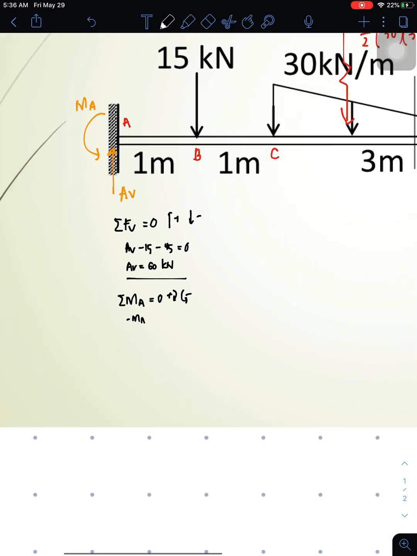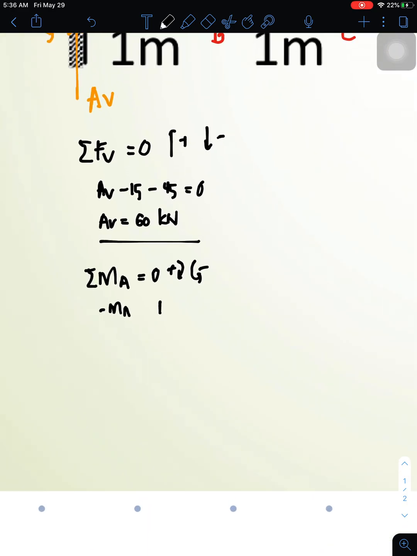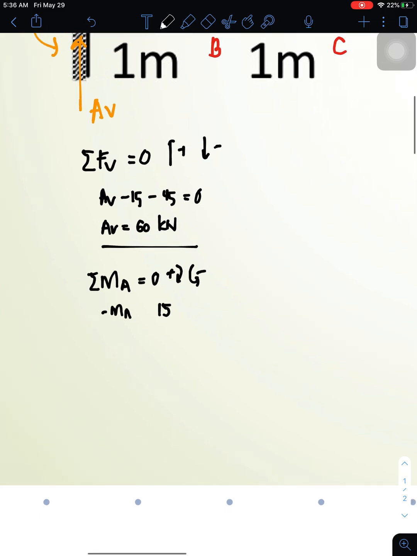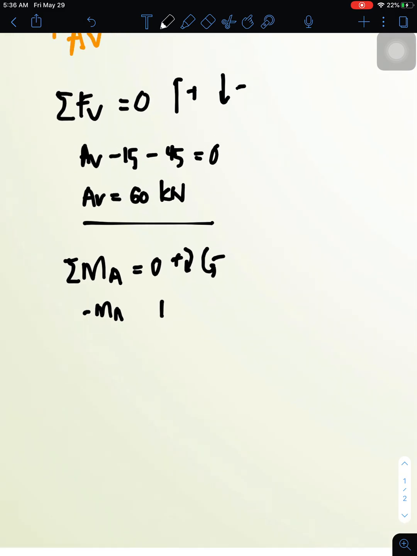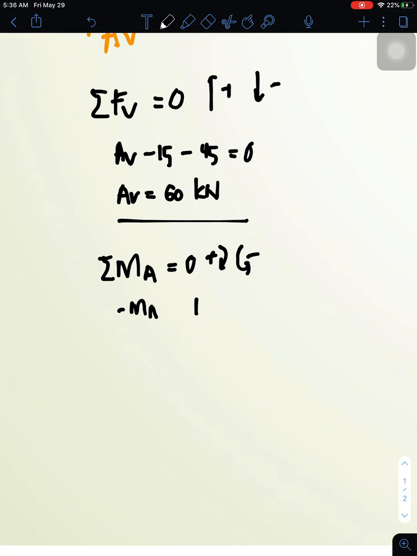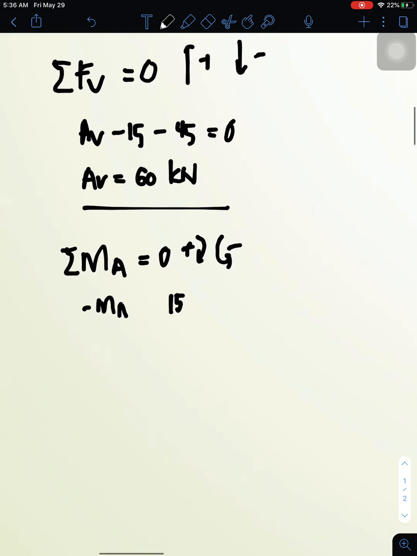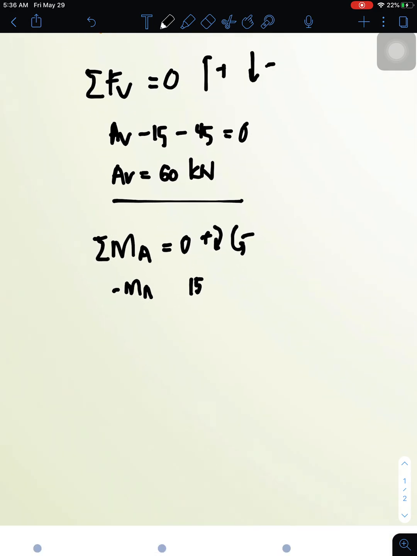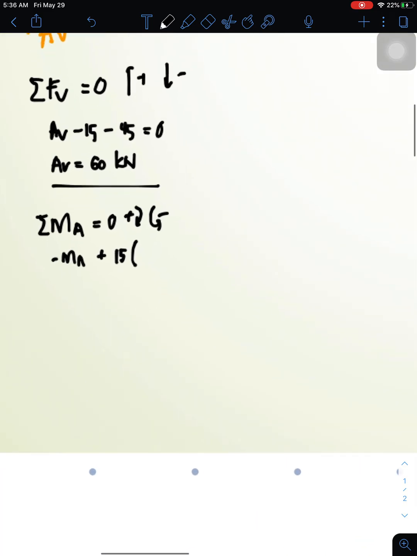Then the 15 is clockwise, with a moment arm of 1 meter.